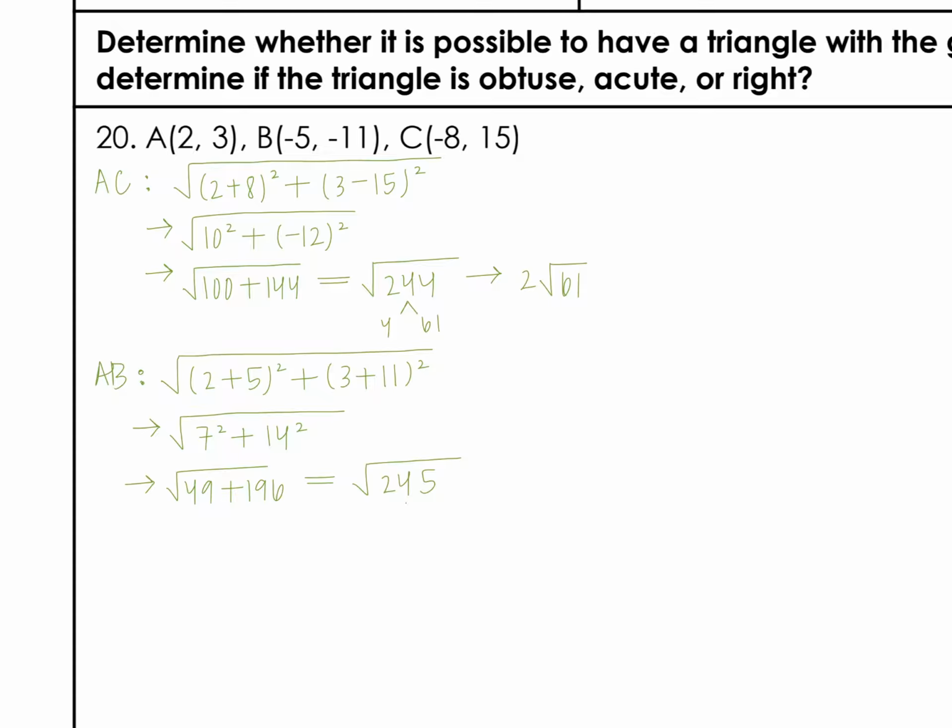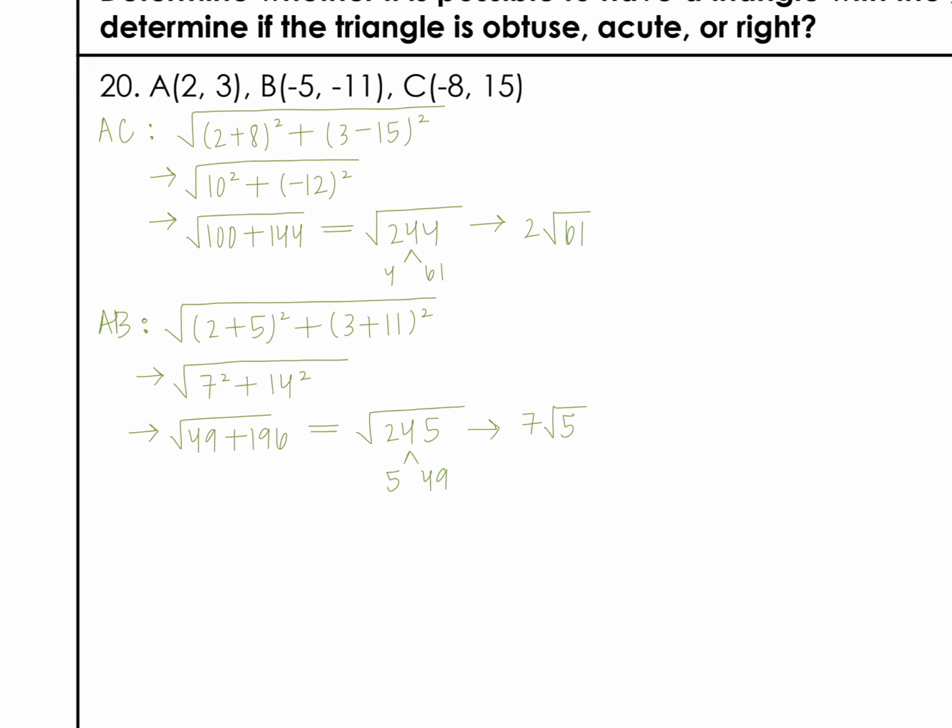Looking for factors, we can do 5, because the last number ends in a number divisible by 5. When I do that, I'm left with 49, which is a perfect square, so we get 7 from that. Then I can pull out a 7 with a leftover 5.